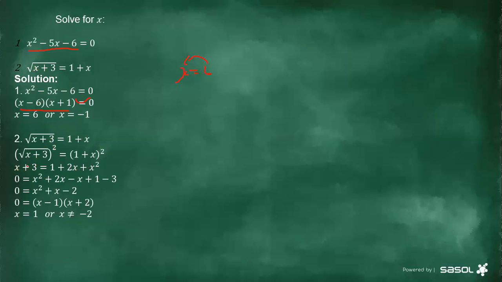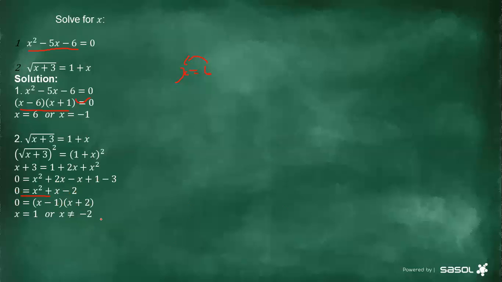Then you transpose to the other side, it's going to give us 0 equals x squared plus 2x minus x plus 1 minus 3. And then 0 equals x squared plus x minus 2. From there, you factorize, and it's going to give us x minus 1 and x plus 2. Then these are the values.